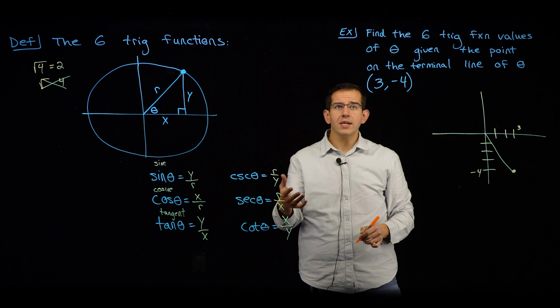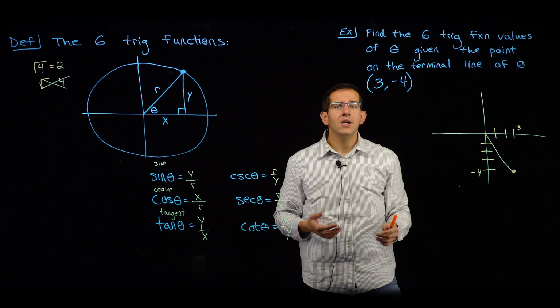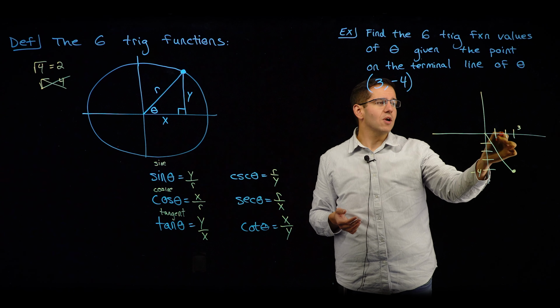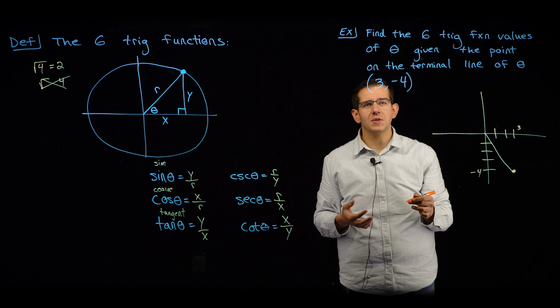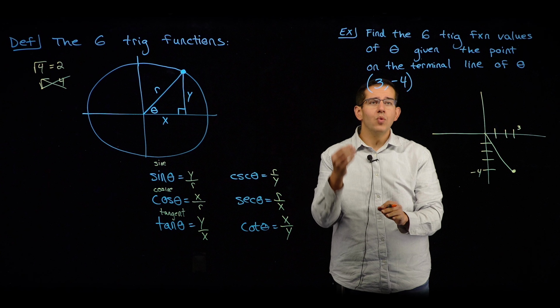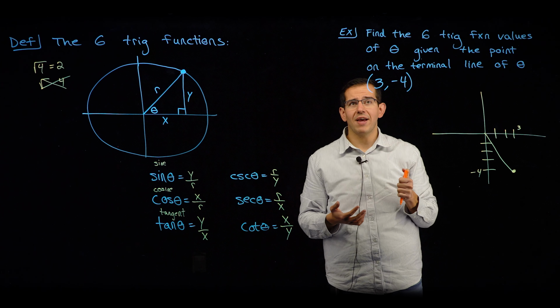Then to construct a triangle based on this terminal side, remember the angle measurement always starts from the positive x-axis if you're not given the initial side, but we don't need the exact original angle. We need a reference angle to quickly find the 6 trig function values.